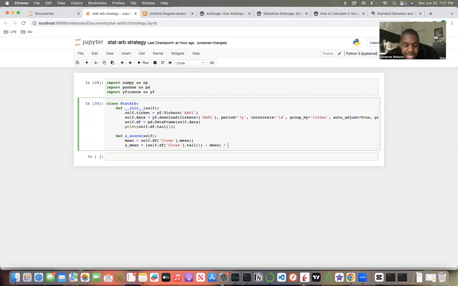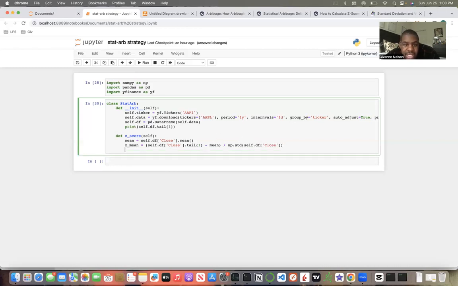We need to now divide it by the standard deviation of the close, so self.df close std. Okay. And that is how you get the Z score.